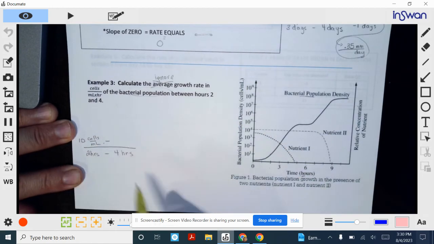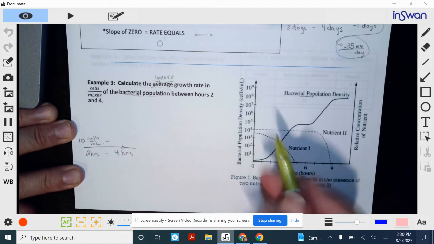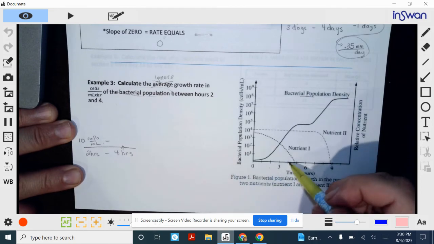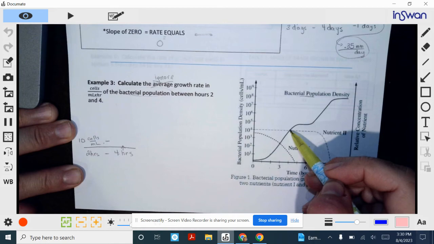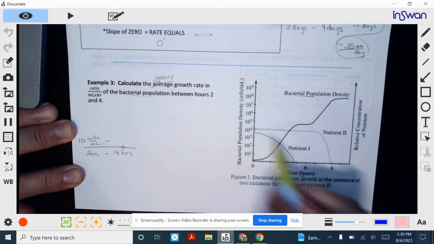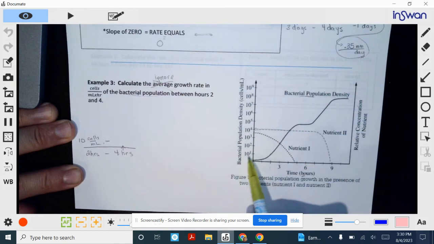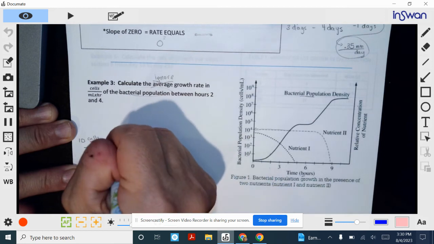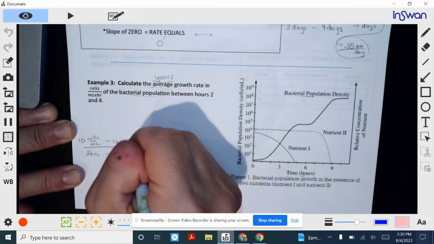Okay. And then let's go to the 4-hour mark and look up the data. So here, we're going to go up here to this line right here. Come on over. Now, what's 10 to the 4th? Well, this is 10. This is 100. This is 1,000. So 10 times itself 4 times is going to be 10,000. So 10,000. And again, it's cells per milliliter.